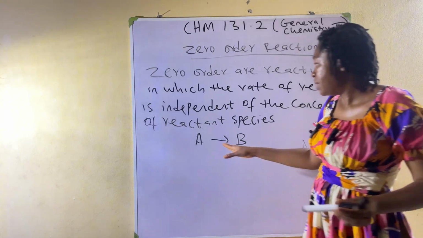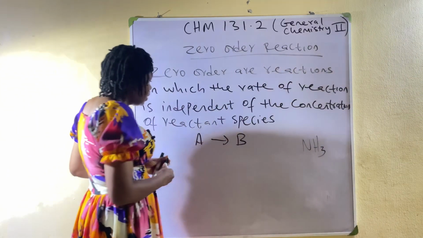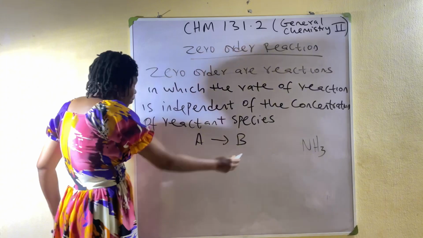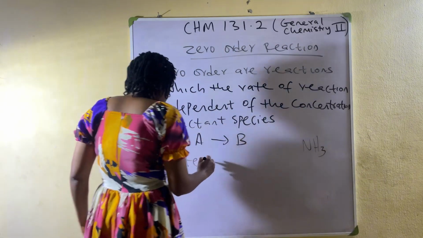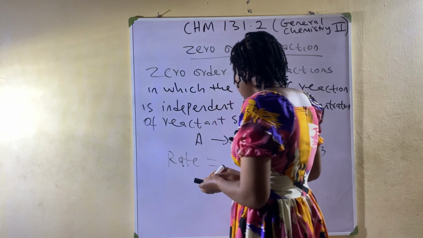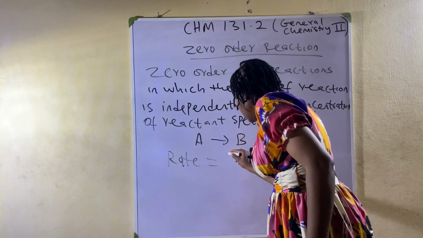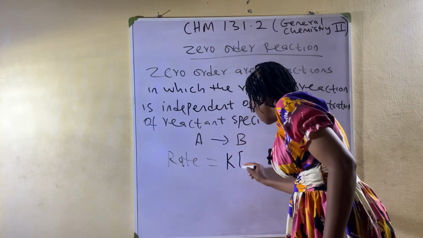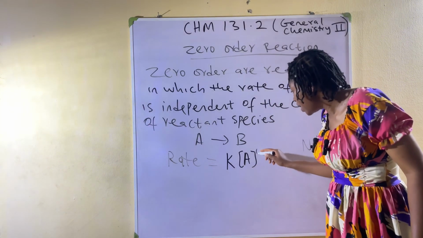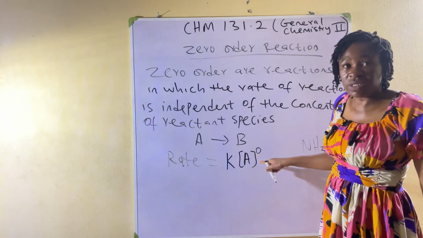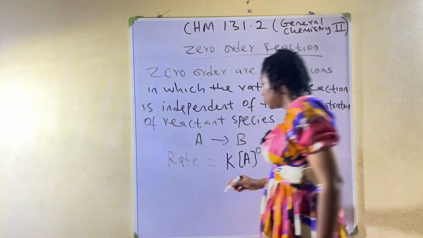Okay, so look at this reaction: A reacting to give B. The rate of reaction will be the concentration of A, the reactant, raised to the power 0, since it's a zero order reaction.